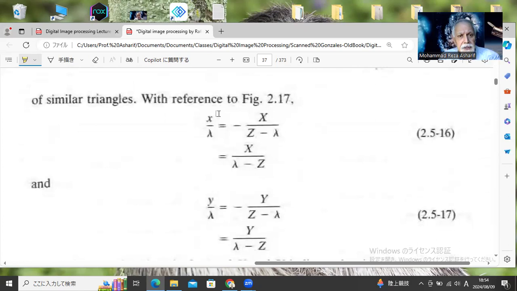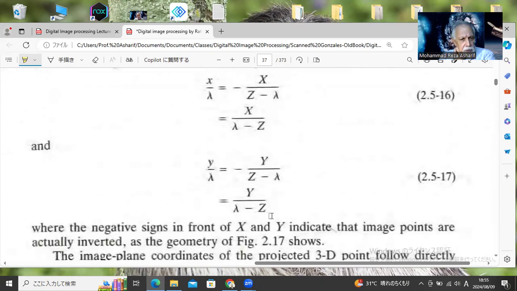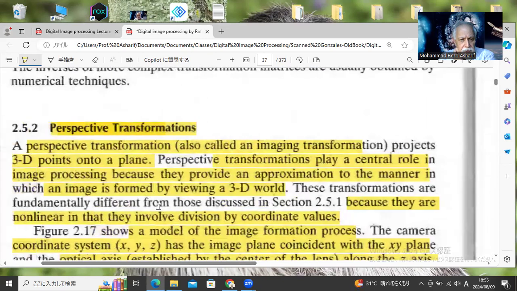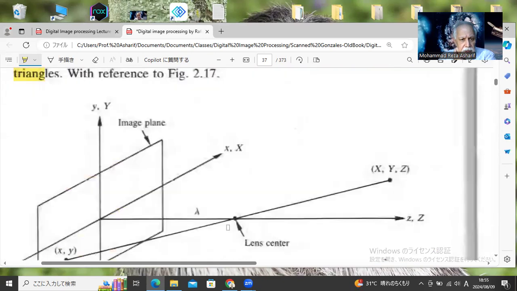So x over lambda is minus, because it is inverted, X over z minus lambda, which is x over lambda equals minus X over lambda minus z. And also y over lambda equals minus Y over z minus lambda, which is y over lambda equals Y over lambda minus z. This we can very easily obtain from this figure here.